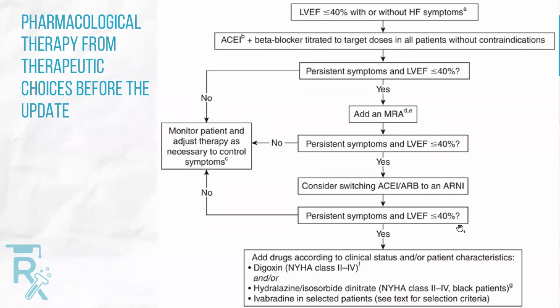Okay? Like here, I added everything to the patient and the patient is still showing symptoms before I go to the surgical procedure. Okay, let's try digoxin and see what will happen. So it's not a must to be used in every patient who tried everything and it doesn't work. The doctor might say, you know what, no need for the digoxin, we will go for the surgical procedure.